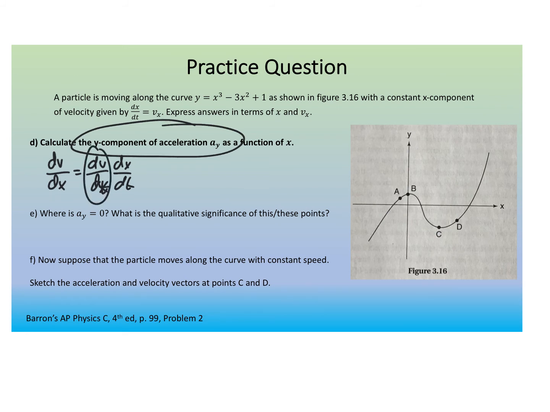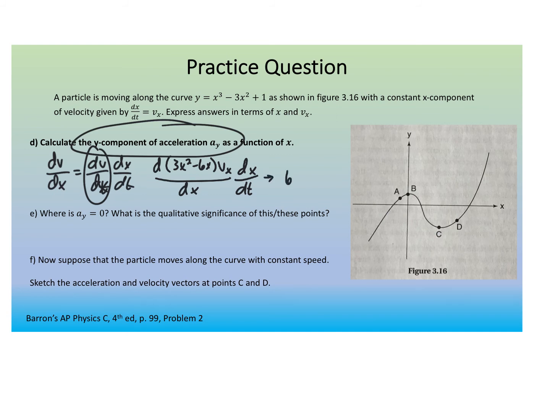So dv dx, that is taking the derivative of what we saw on that last slide, which is the derivative of 3x squared minus 6x times v sub x with respect to x, times dx dt, which is v sub x.